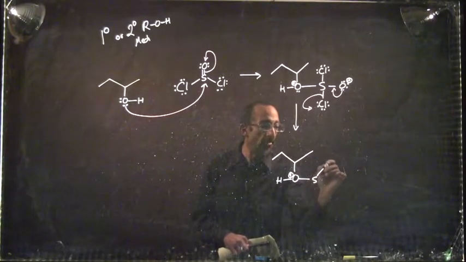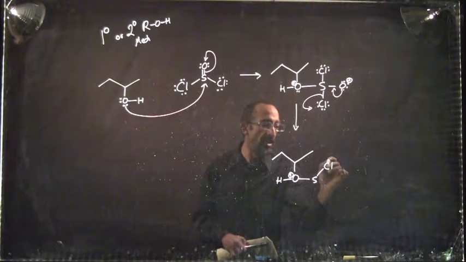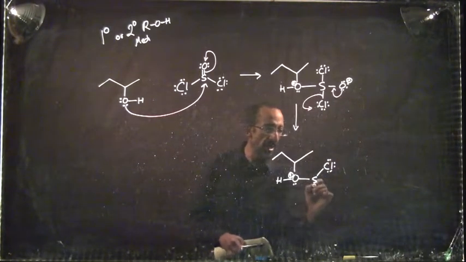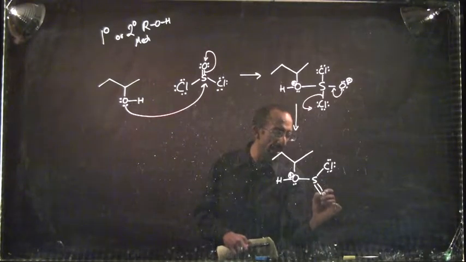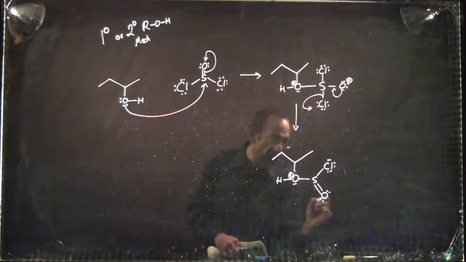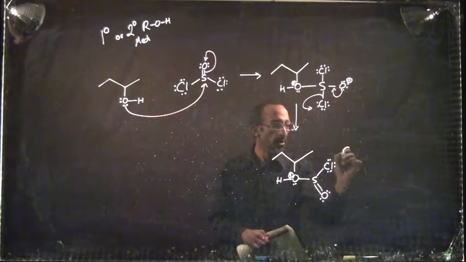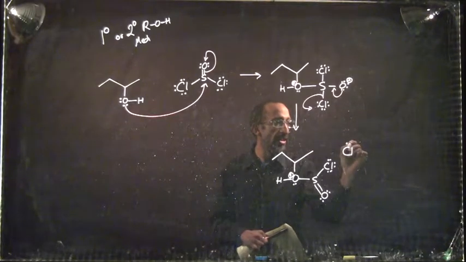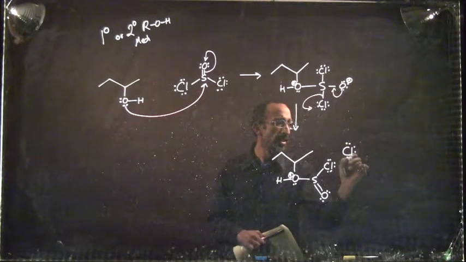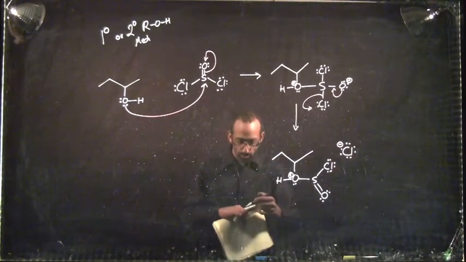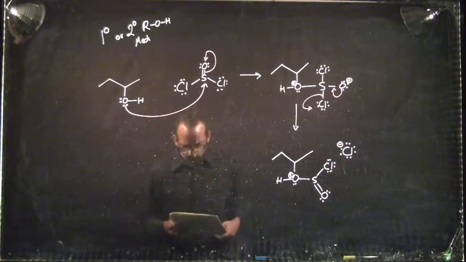We now have our sulfur bonded to one chlorine. And we have restored that double bond between the sulfur and the oxygen. To balance our charge, we have now generated a chloride anion. And that's where our negative charge remains, so that we are overall neutral.